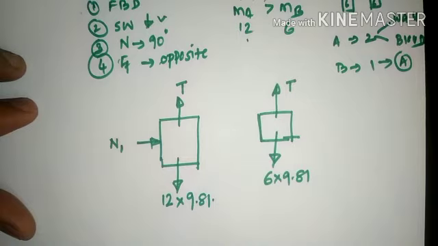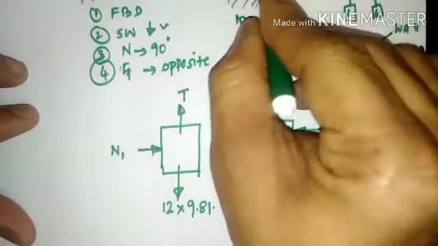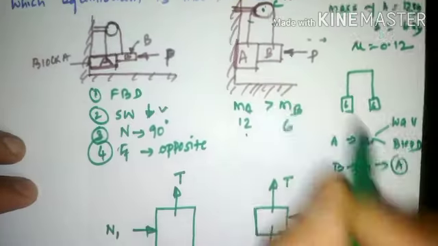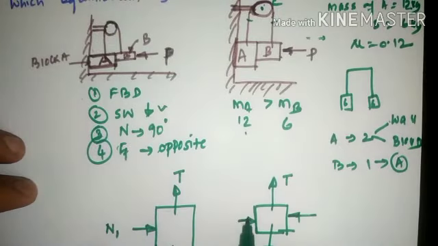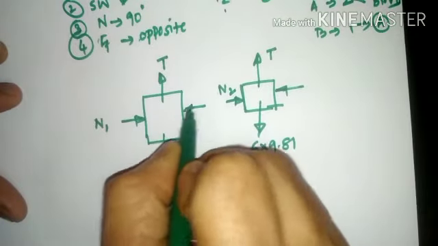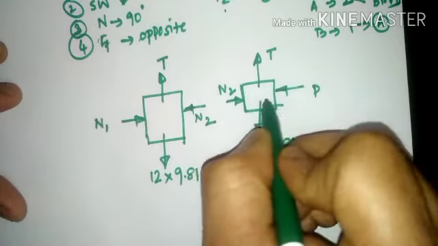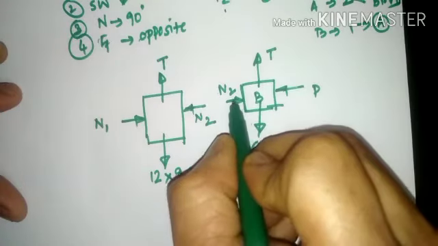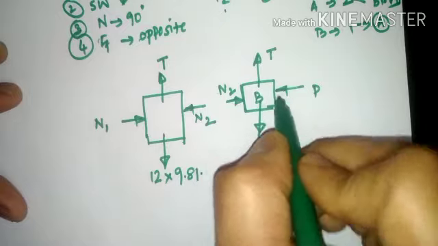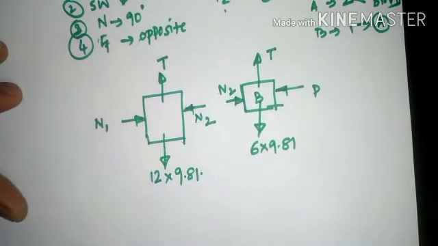Further, this N1, the P will be offered here, and there is a contact surface between block A and block B, which will offer a reaction component called N2, and N2 will be further transferred here towards the inward direction. So P will offer a reaction component on block B towards the left hand side. Reaction will be towards the right hand side. Equal and opposite force will be towards the left hand side, and N1 will be pushed towards the right hand side.